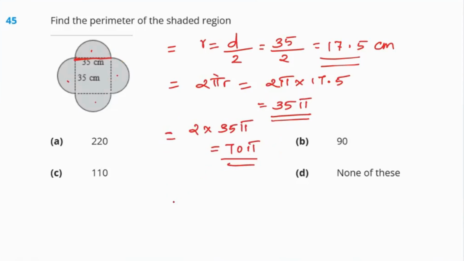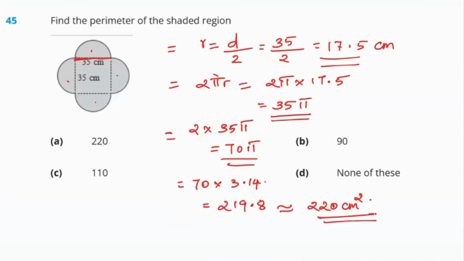The value of 70 pi is 70 into 3.14, which is equal to 219.8, which we can approximately write as 220 centimeter square. So the perimeter of the shaded region is 220 centimeter square, and that is option A.